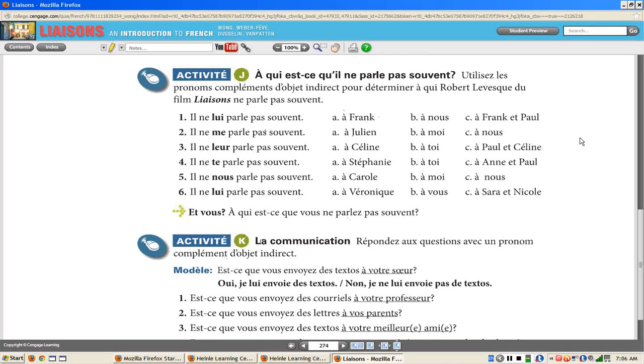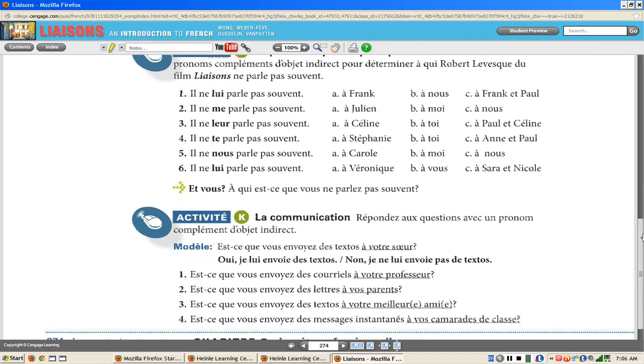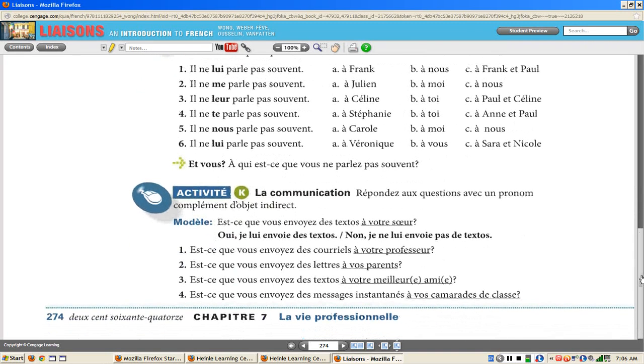Let's go down to activity K. I don't want to look at J. I want K. La communication. Répondez aux questions avec un pronom complément d'objet direct. I like this exercise because you see a lot of verbs that you would use in an office setting or in the setting of your work. N'est-ce pas?